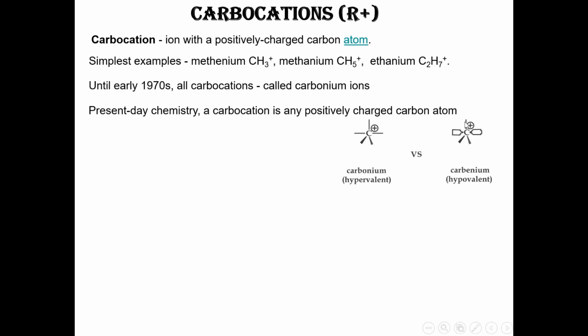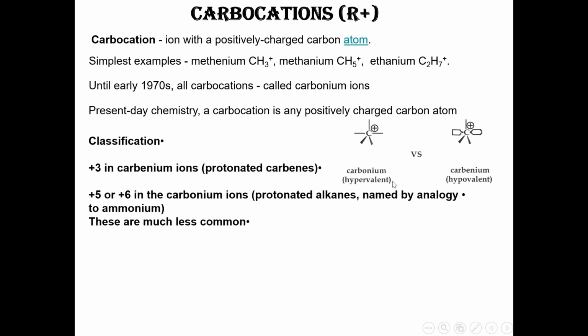As we see here, this is an example of a carbenium ion, which is hypovalent in nature, and this is a carbonium ion, which is hypervalent in nature. The carbenium ions are like CH3 plus, protonated carbons with plus 3. If they have plus 5 or plus 6, then they are called carbonium ions. However, these carbonium ions are less prevalent than carbenium ions.